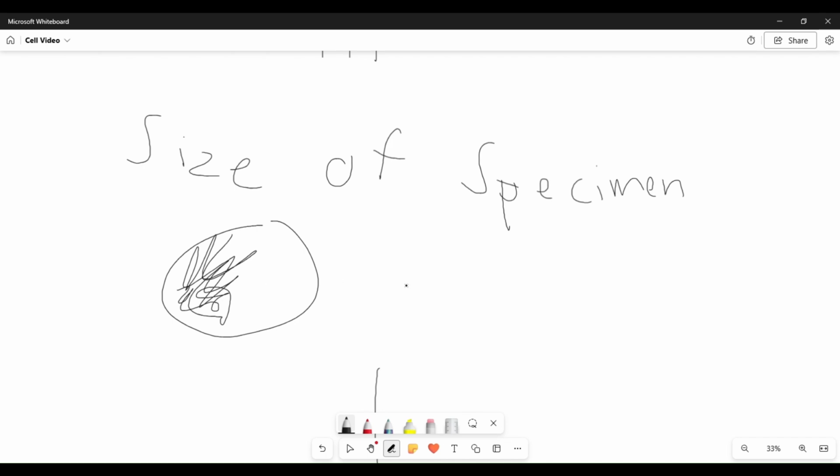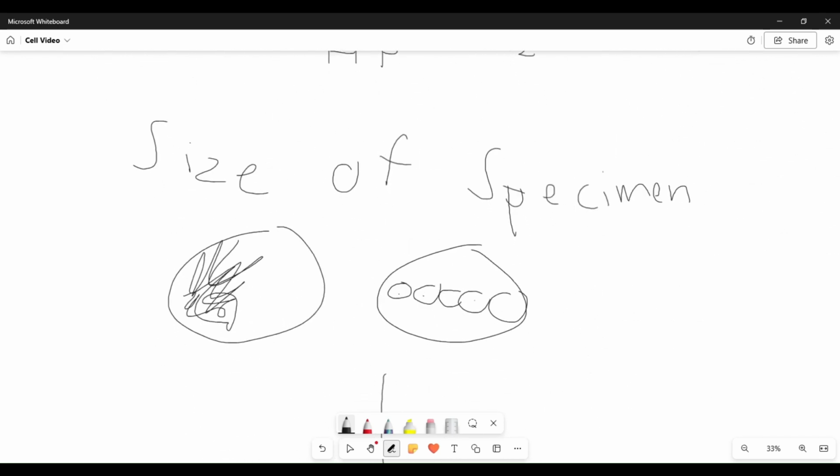Another method, if it's smaller, is to estimate how many of them would fit across the field. And you could just multiply whatever number you come up with by the diameter from earlier, and that would give you a number as well.